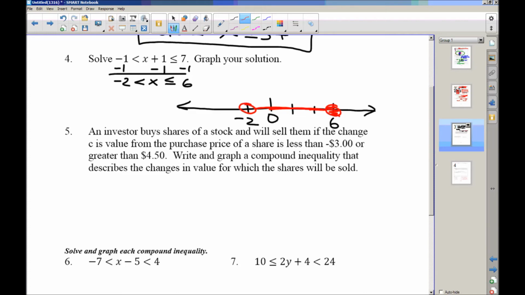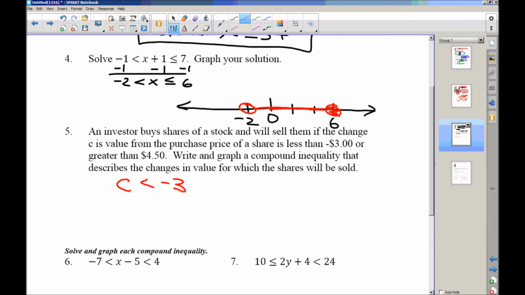Okay, so we want to write and graph a compound inequality that describes the change in value for which the shares will be sold. Okay, so an investor buys shares of stock and will sell them if the change C in value from the purchase price of the share is less than -3.